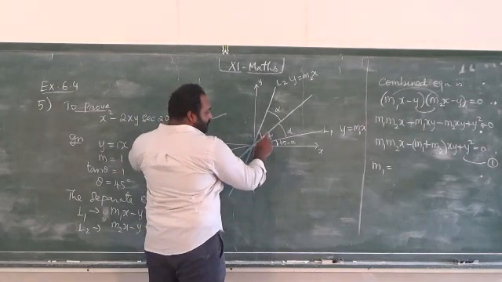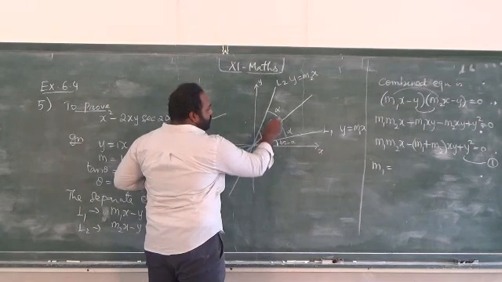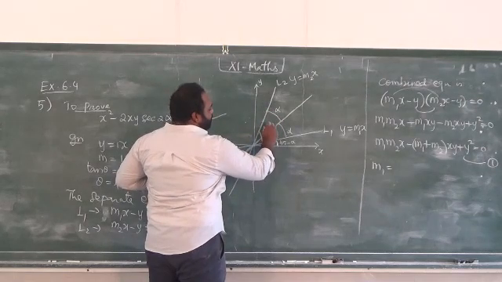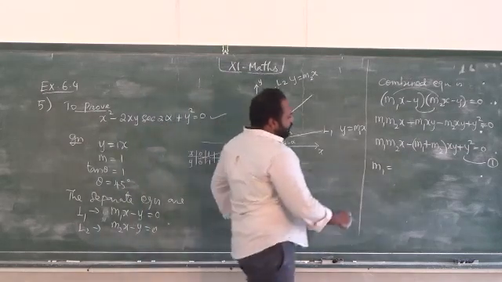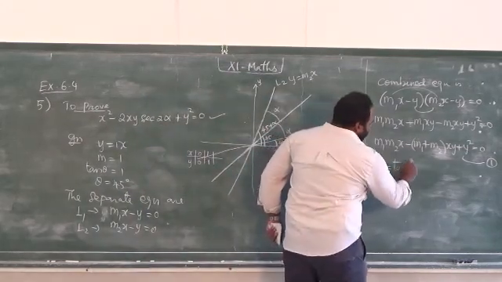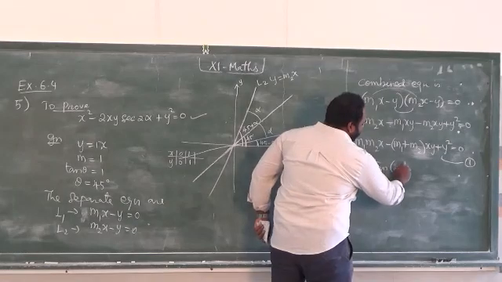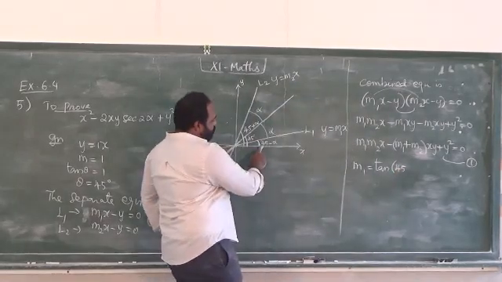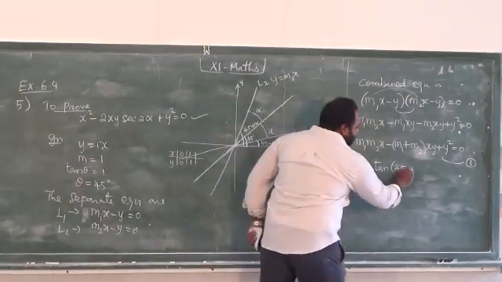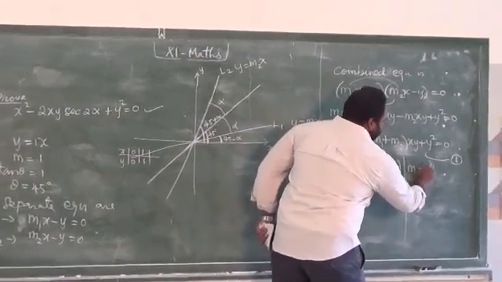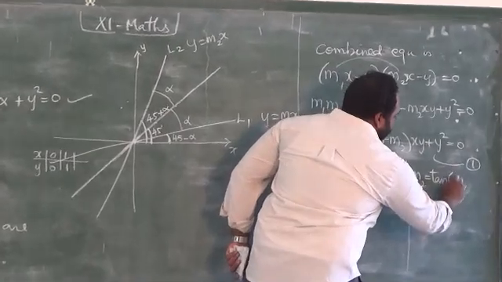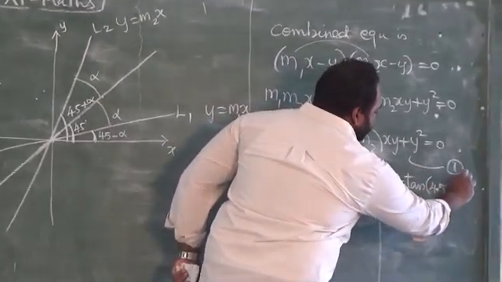So from 45 degree, plus alpha will give the total slope of L2. Okay, now m1 is tan theta, here 45 minus alpha, m2 is tan 45 plus alpha.